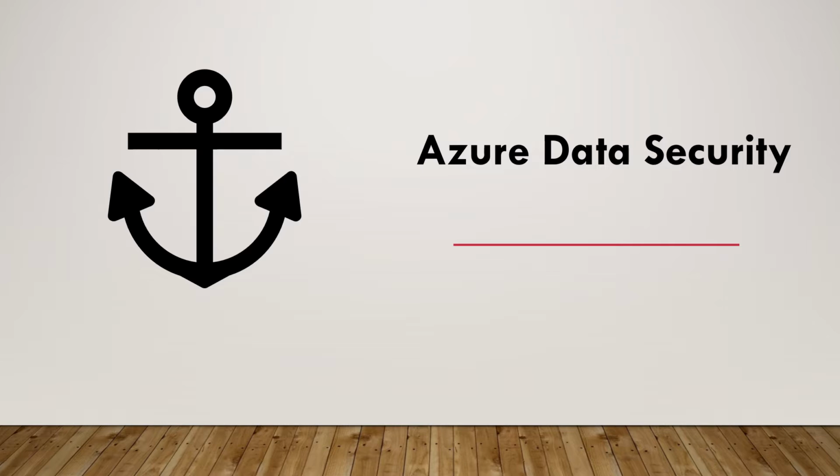Azure Data Security. Here we are going to look at how Azure manages data encryption. When you encrypt data, you turn it from readable form, clear text, to cipher text, which is unreadable and cannot be read by unauthorized people or code without the proper key to decrypt it.